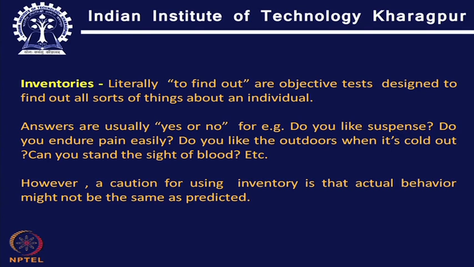They can manipulate these yes/no answers to appear a certain way, while actually they are not that person. So, inventories cannot predict behavior.